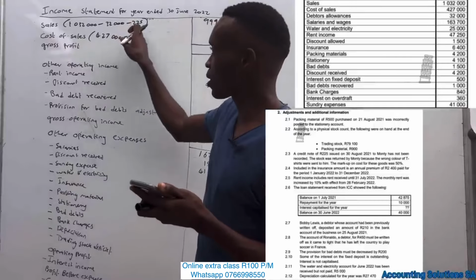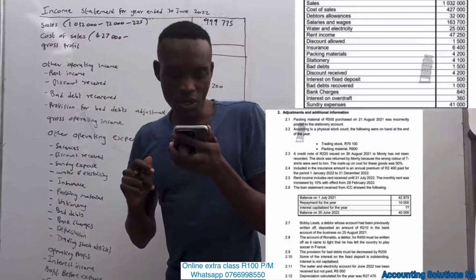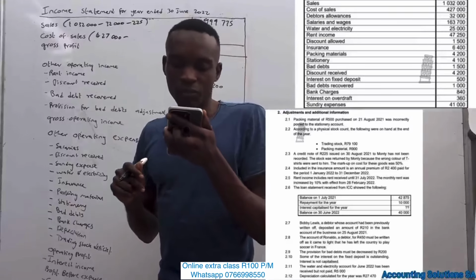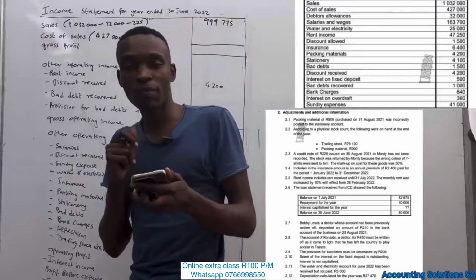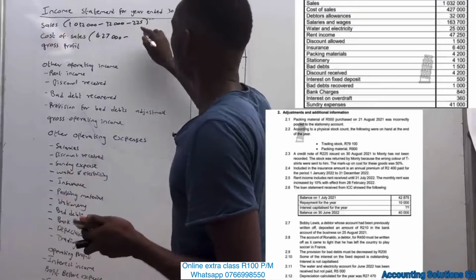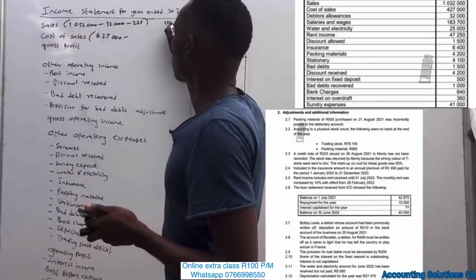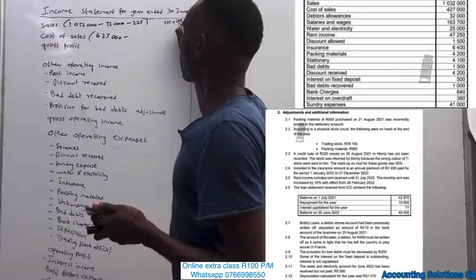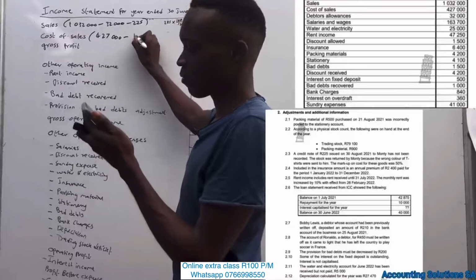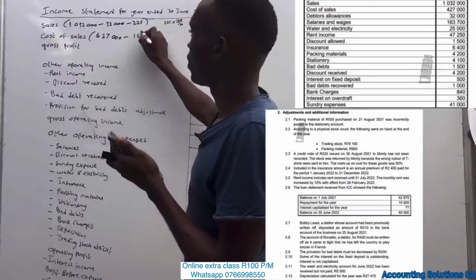It's on selling price, 225. If you read, they said that the markup on cost under 2.3 was 50%, which means that we have to say 225 multiplied by, we're looking for 100 out of 150, then it's going to give you 150.